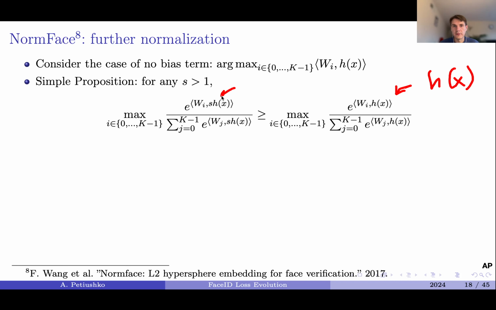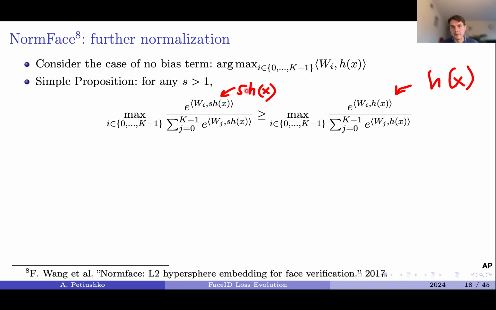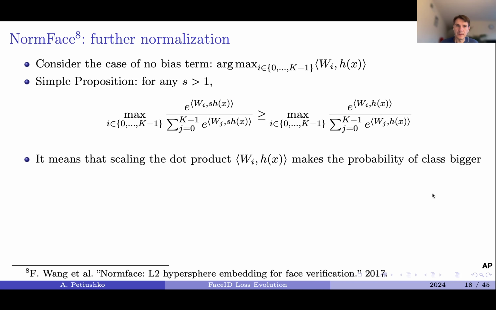Here we just multiply the representation by s, a scalar greater than 1. And for the biggest probability, it even becomes bigger when we multiply by s in comparison to the initial one. Yeah, this is what I just said.